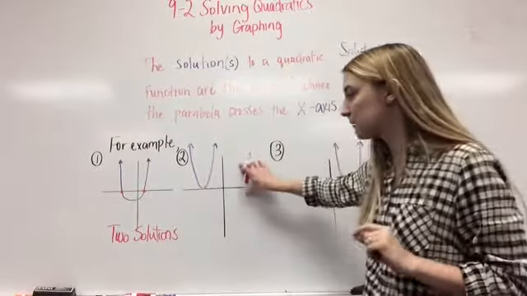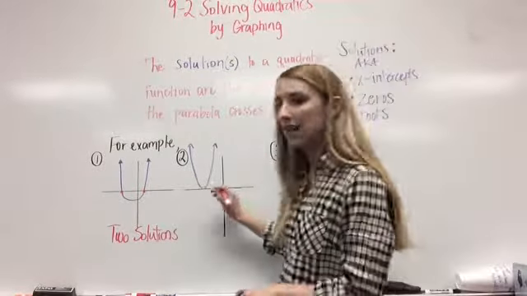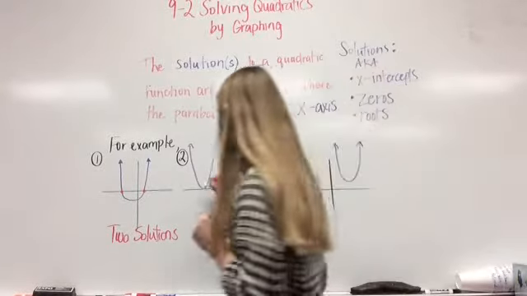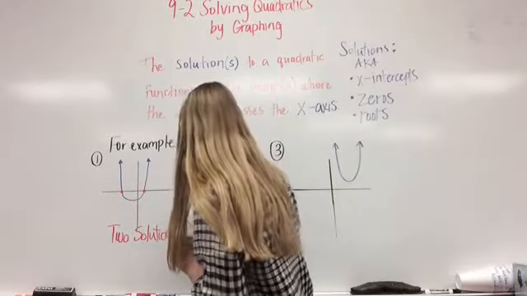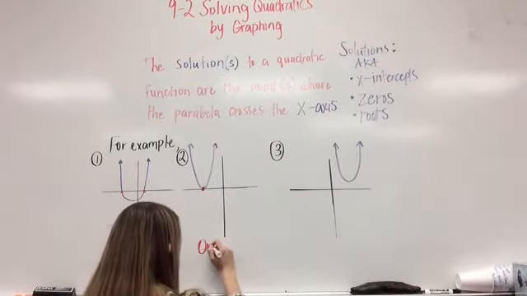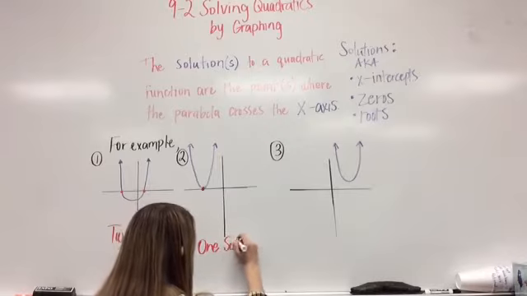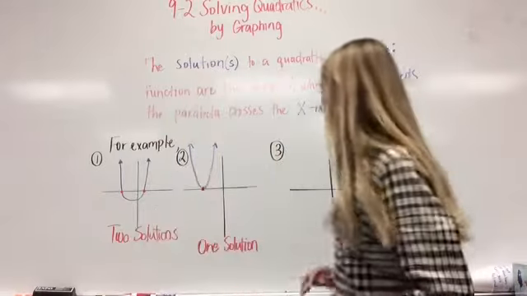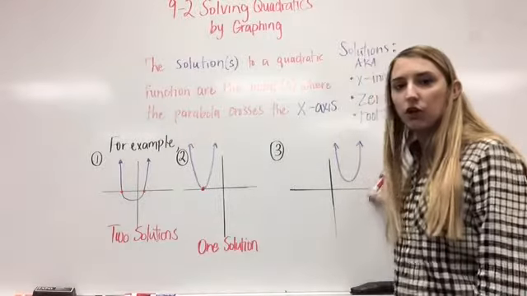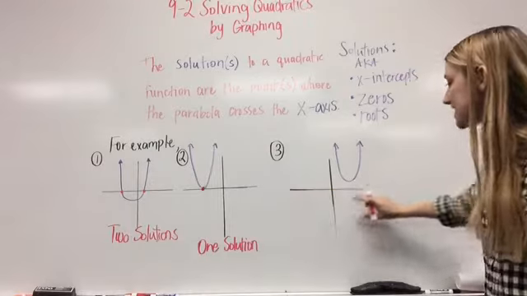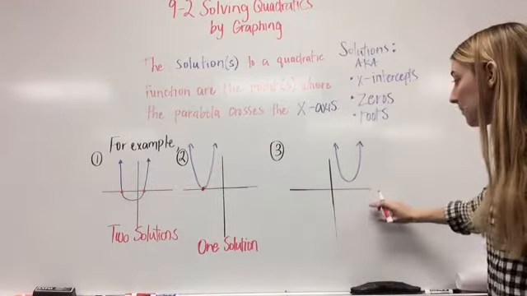Okay, over here at example 2, this quadratic only touches the x-axis at 1 point. So this graph only has 1 solution. And lastly, this third graph, hopefully you can see it, doesn't touch the x-axis or cross the x-axis anywhere.